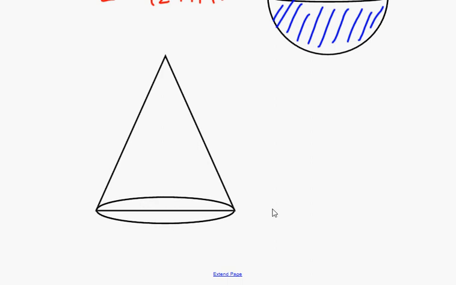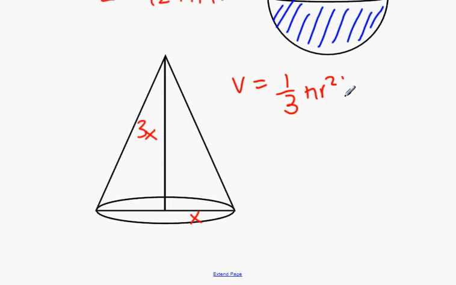Now, this cone has a height of 3x and a radius of x. So the height is 3x and the radius is x. Find the volume in terms of pi and x. Volume of a cone, guys, a third pi r squared h.